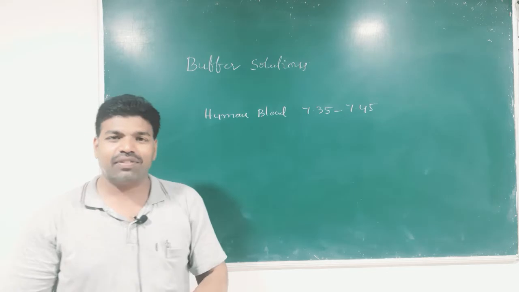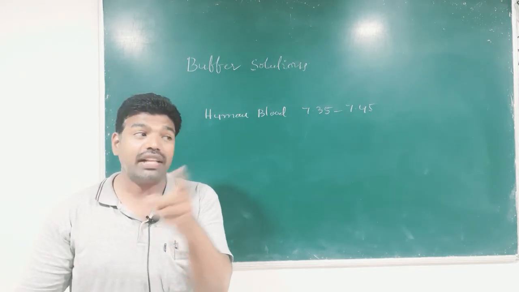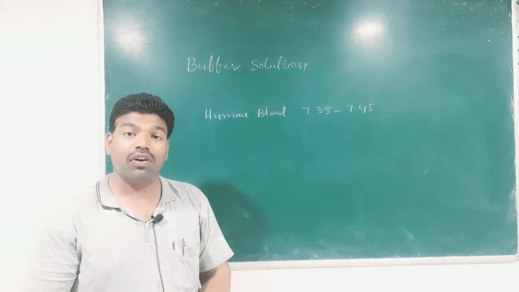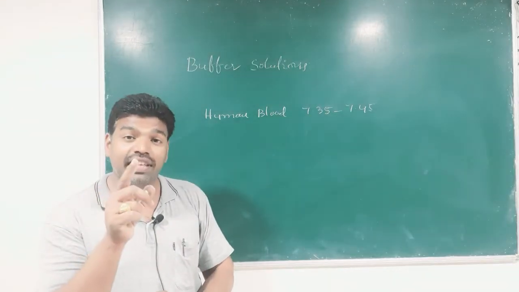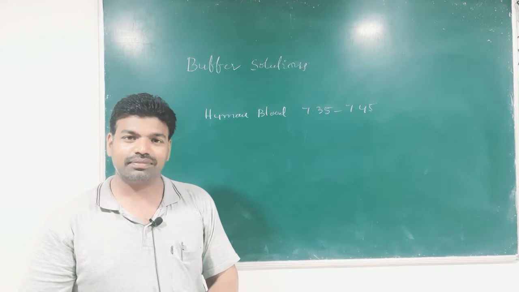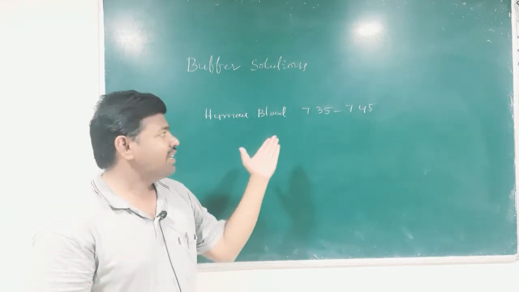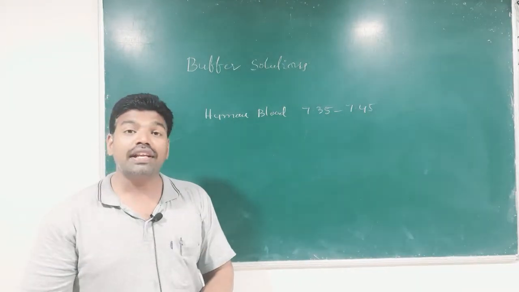Just imagine what would happen if our blood is not in that range. It eventually leads to death. A pH of less than 7.35 or more than 7.45 leads to death.